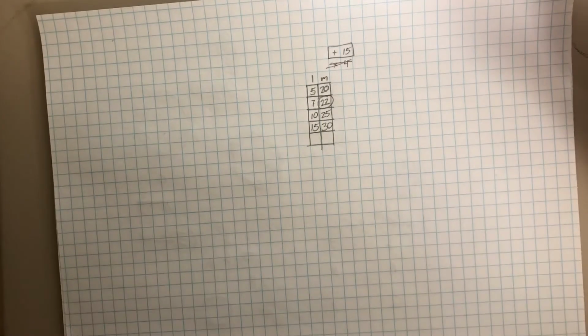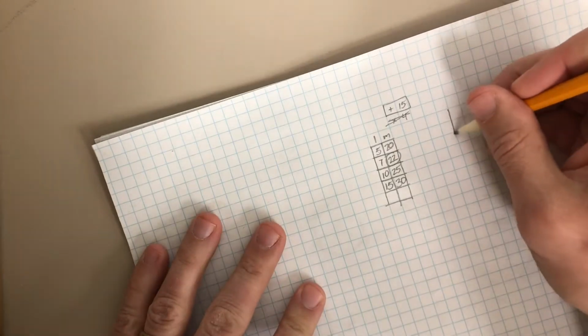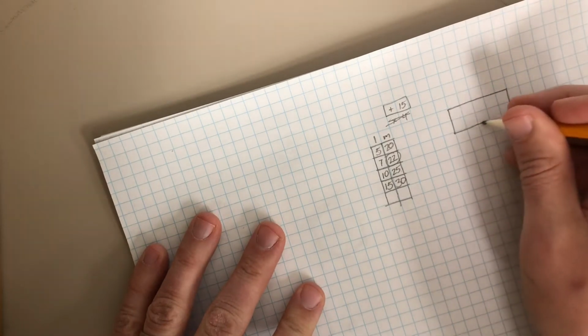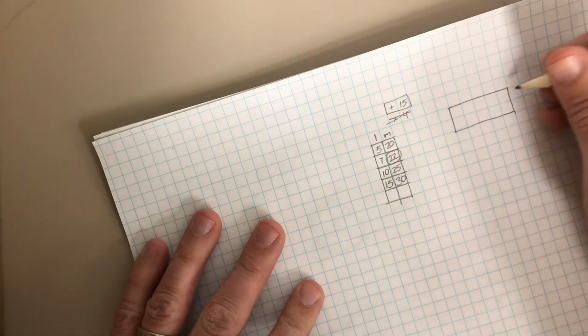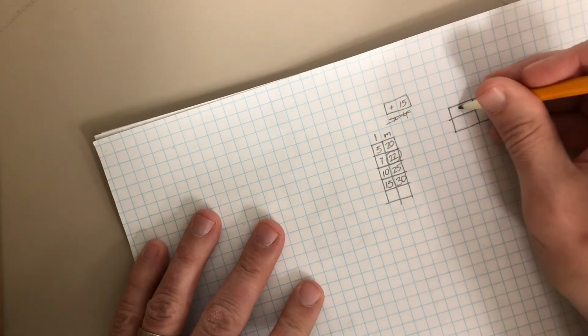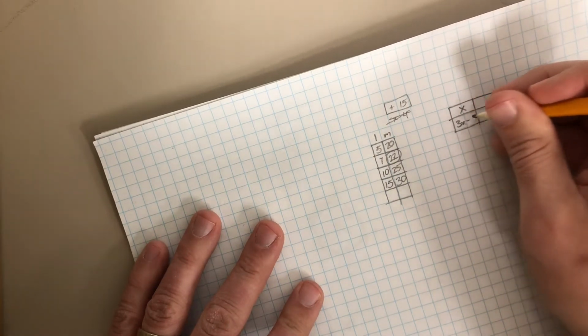Now let's take a look at example 2. Example 2 says find the missing number in this function. Now it has a table set on its side, which is fine. It doesn't make a difference to us. In the first box, we have x, and then we have 3x minus 2.